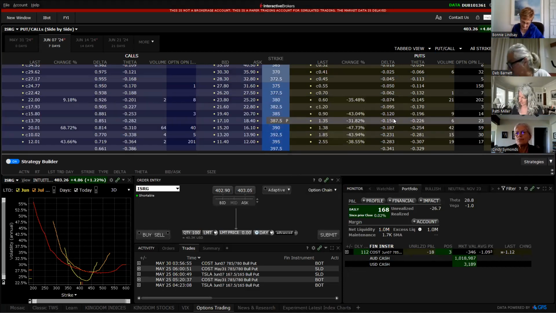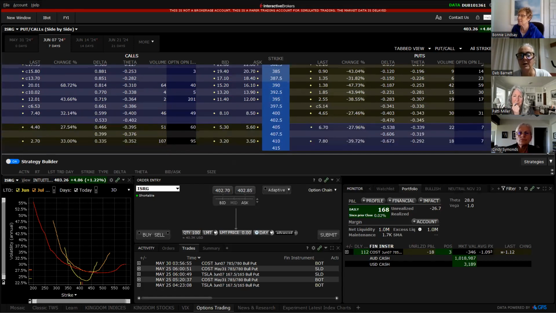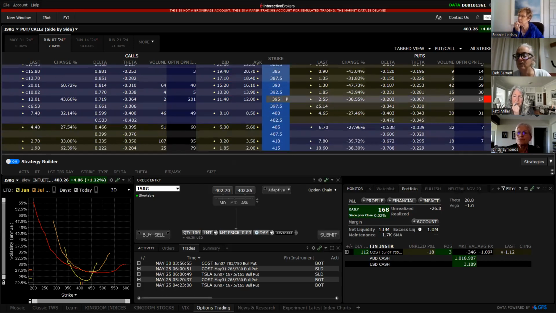395. Sorry, so that we can see where it changes. There it is. Okay, so now we've got 2.50 to 2.05. And we're 1, 2, 3, this is 4 strike prices out. So this is 395, 392.5.